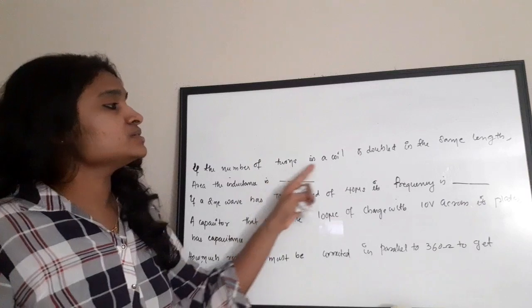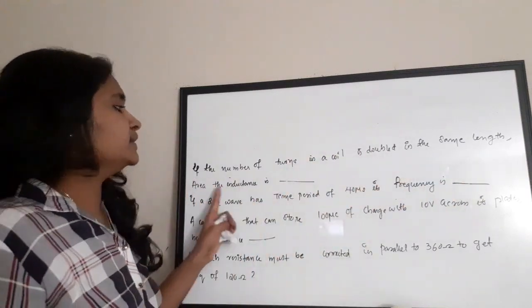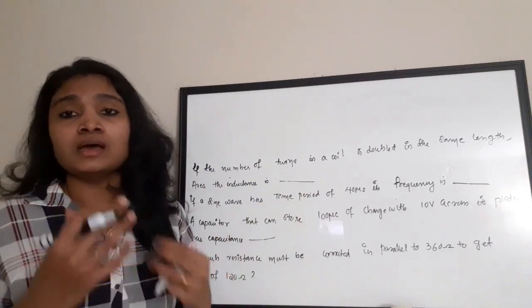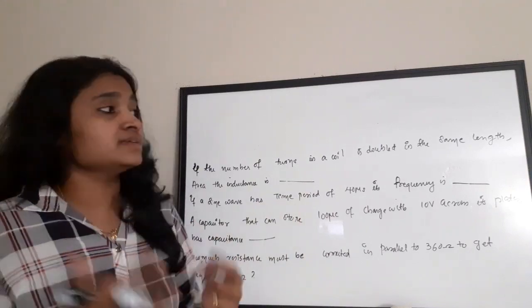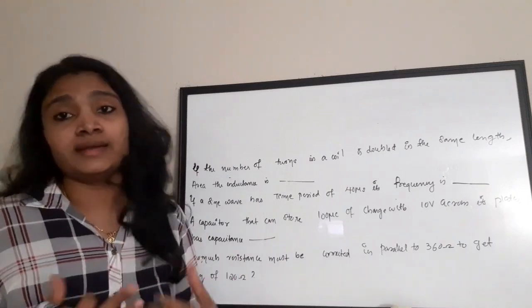If the number of turns in a coil is doubled in the same length and area, the inductance is dash. That is, if the area and length are kept constant and the number of turns is doubled, how will the inductance change?